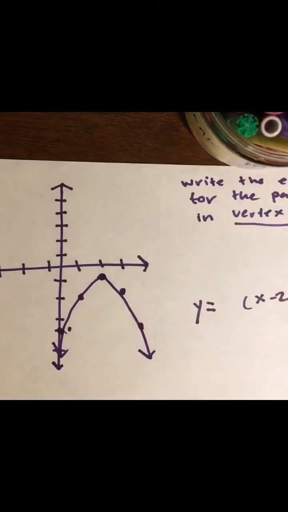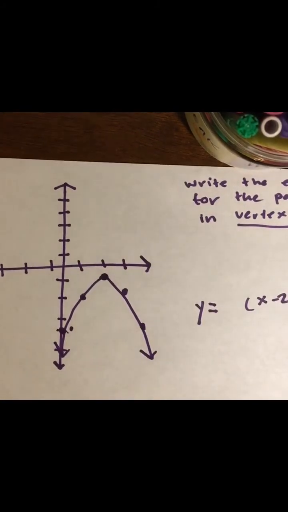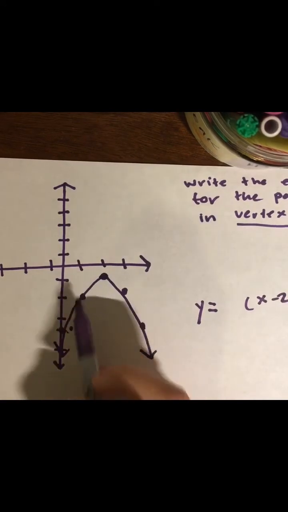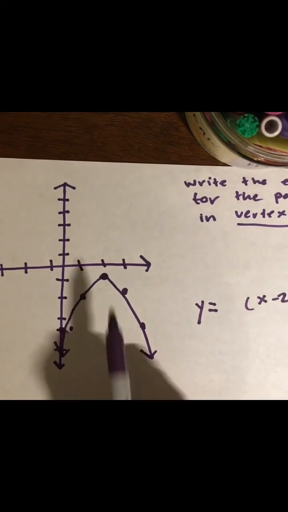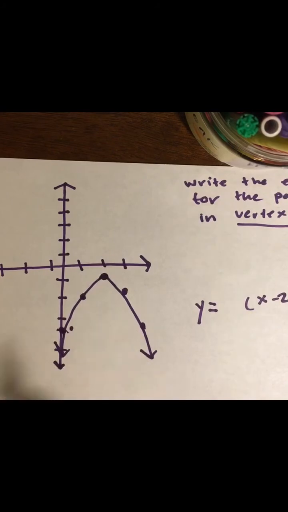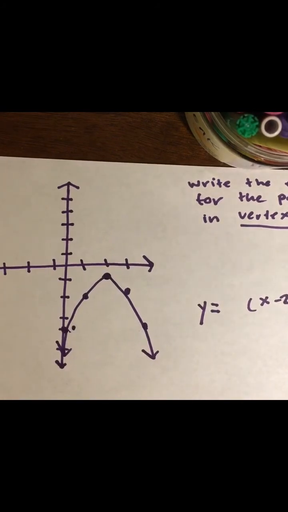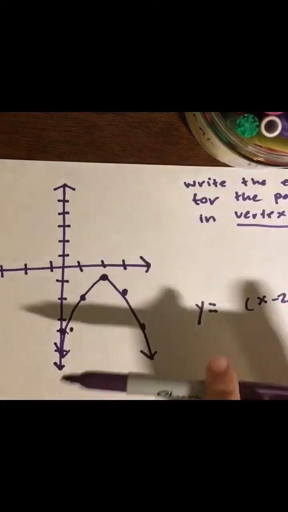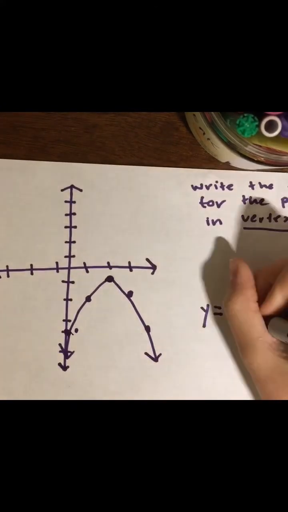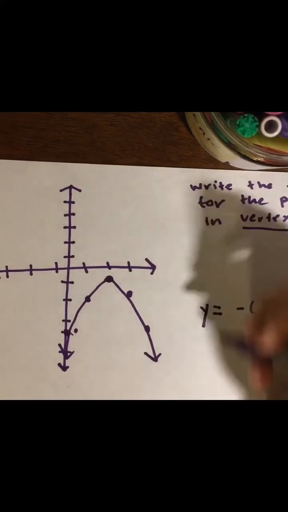Then we go down 1, so minus 1, and it looks like it has a correlation of 1 because it goes over 1, down 1, over 1, down 1. But it reflects over the x-axis, which means that it's a negative 1. And so that's your answer.